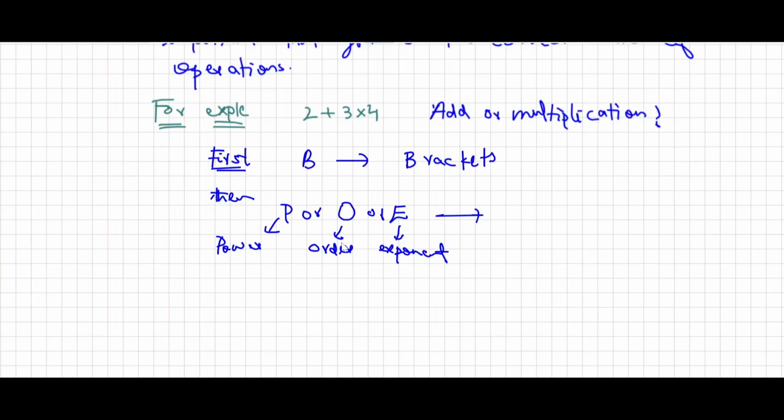Here I use order in a different sense, so don't confuse it with addition or multiplication. So basically, first we will use the brackets. If we have brackets, first we resolve the brackets. Then we will do the power. Then ordering. These are all the same.